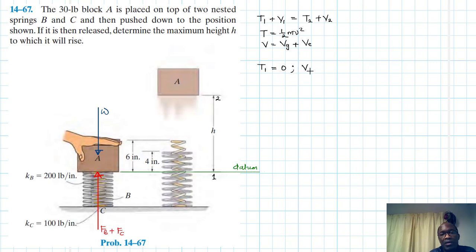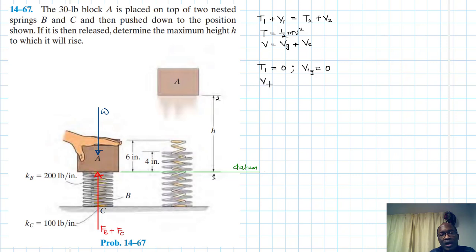And then we have V1. We have both gravitational and elastic, so we'll say V1G. Since our block is at the same position as the datum, this is just going to be equal to 0.